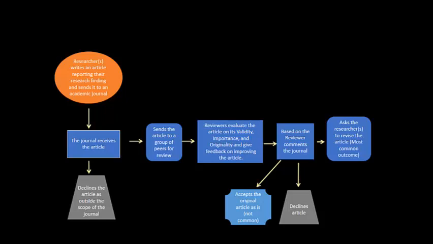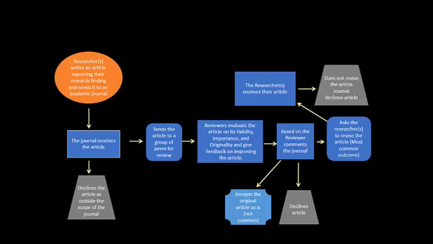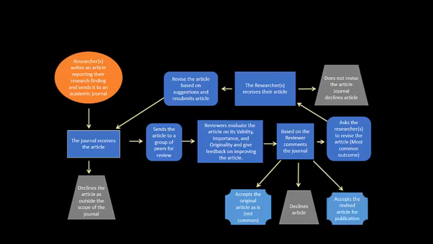At this point, the researcher will receive the article with the recommendations, and they can choose not to make the changes, in which case the journal declines the article. Or they can choose to make the revisions and resubmit the article. They will go through the whole process again, sometimes through several cycles, until the journal accepts the revised article for publication. As you can see, it's a long, drawn-out process.